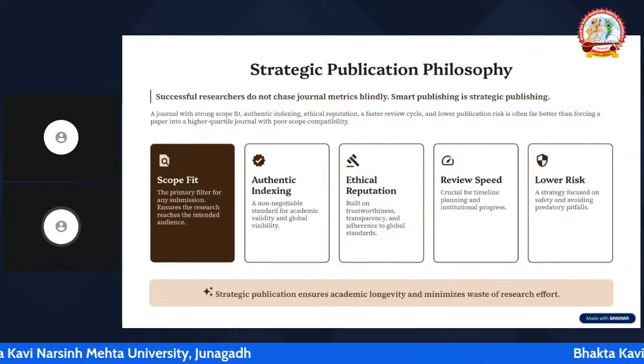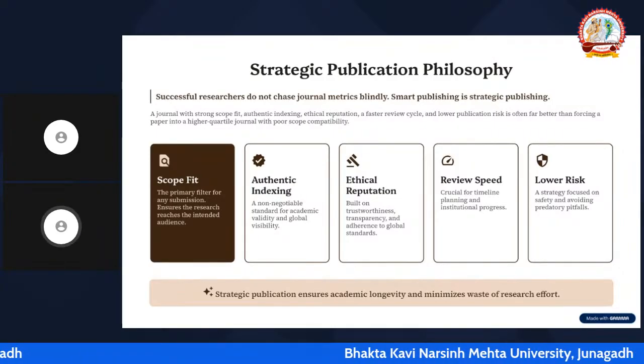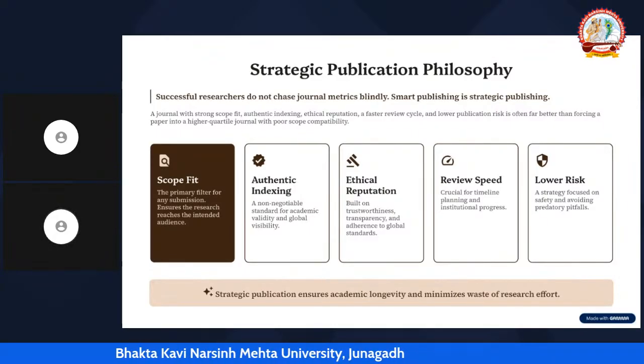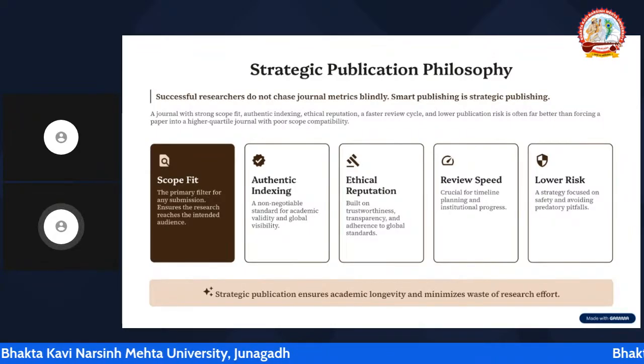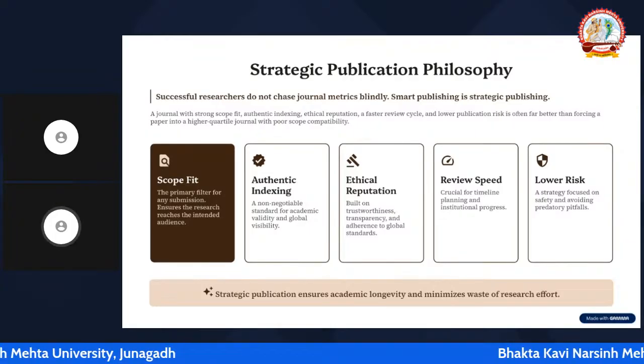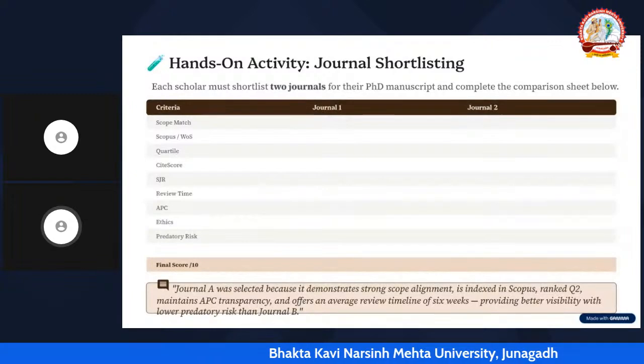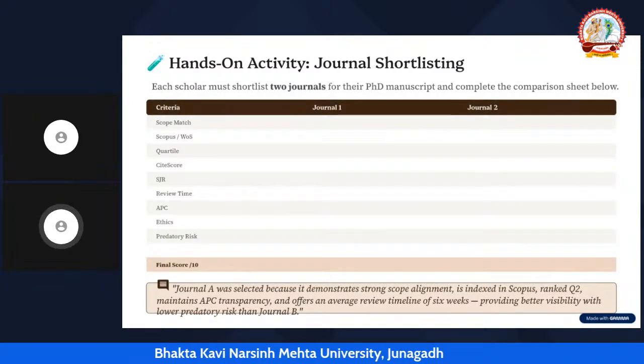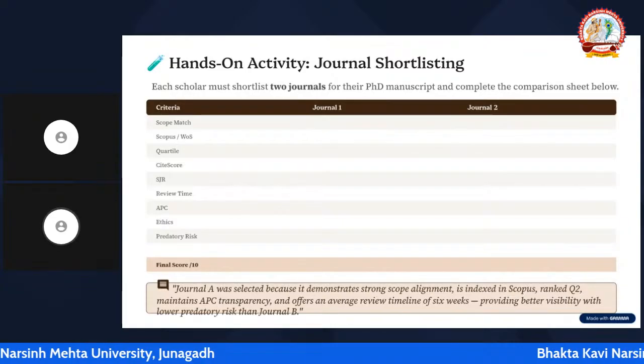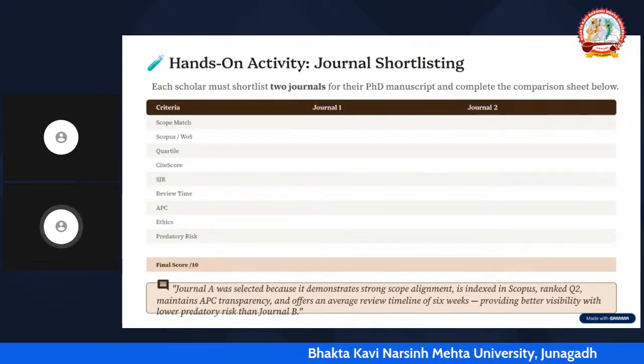So if our paper fits the particular scope, we have a good authentic index, reputation for ethics, and review speed, within 2 or 3 months they will review and respond to us, and they identify lower risk. As a research scholar, we have to identify for one particular domain, one particular aspect, that is your problem statement or the title of your research.